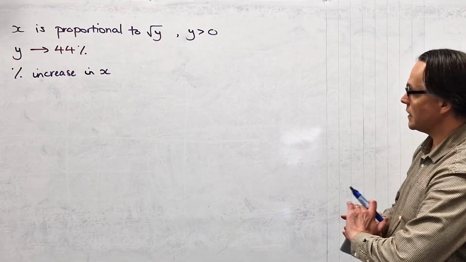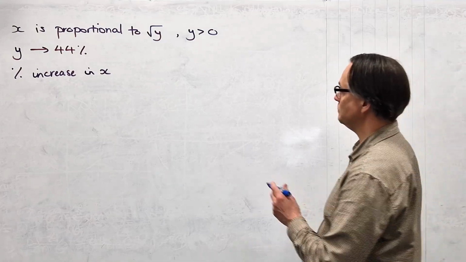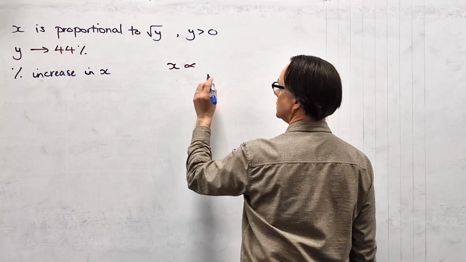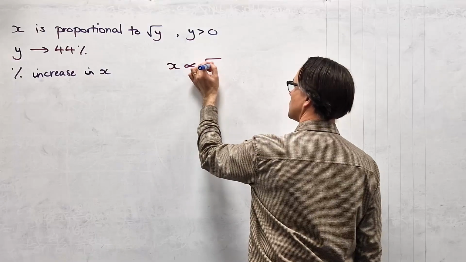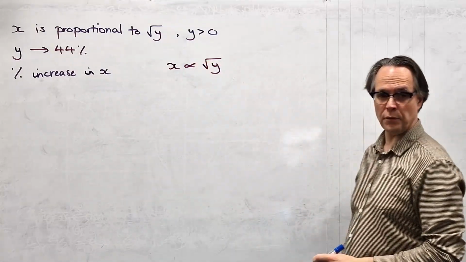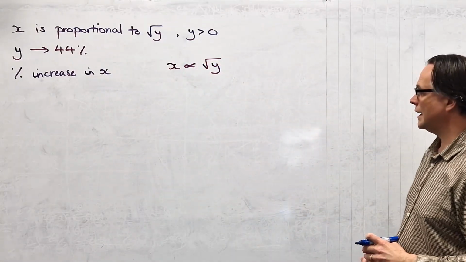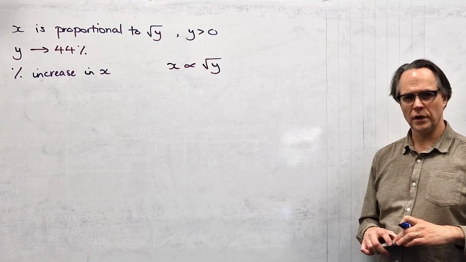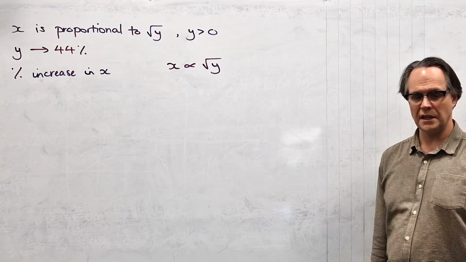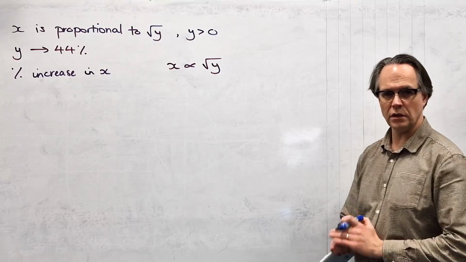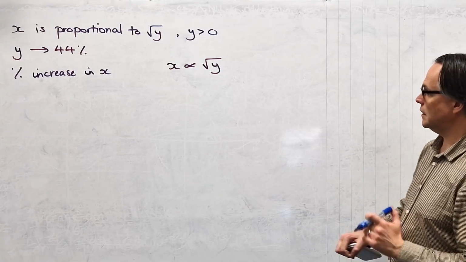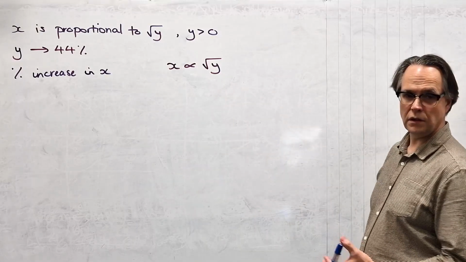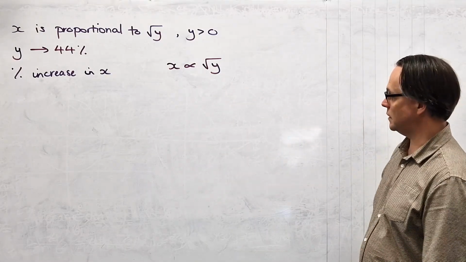Right, so if x is proportional to the square root of y, this is direct proportion, not inverse proportion. Remember, with proportionality, it's one of those topics where you're supposed to set it out in a particular way. It's always good to set things out neatly, but use the proportionality symbol to begin with, so you've shown that you understand what you're doing.